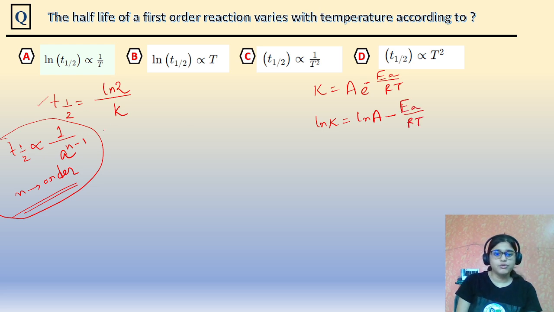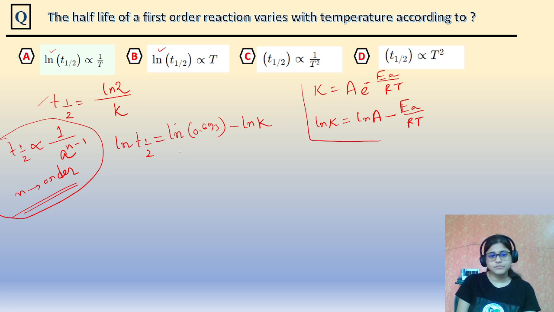Because in the options ln is also there in two options, let's try this. ln t half will be equal to ln 2, which means ln 0.693, minus ln K, right?